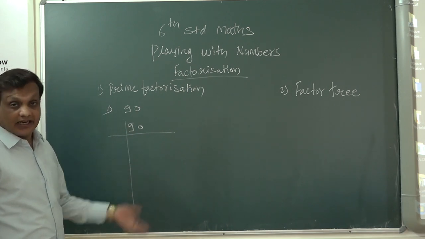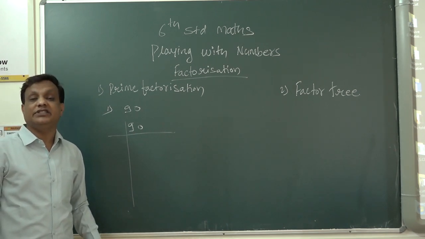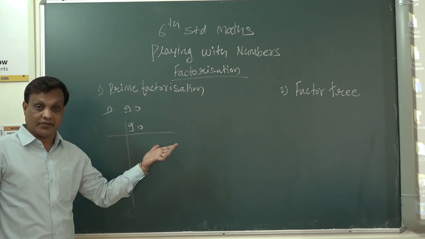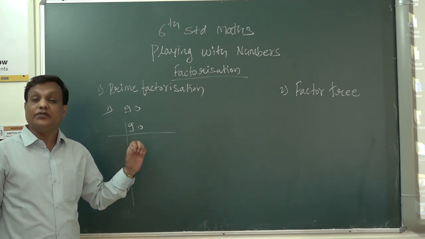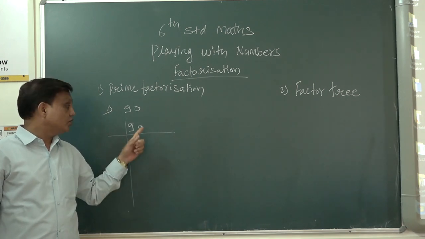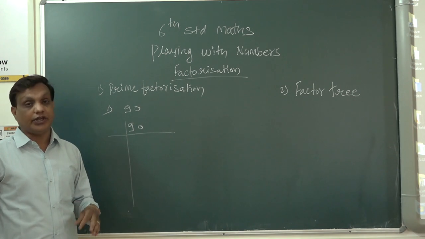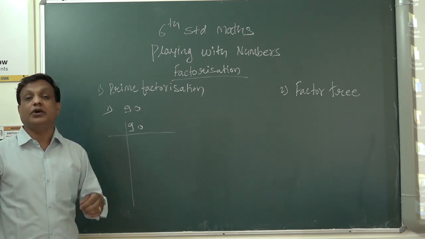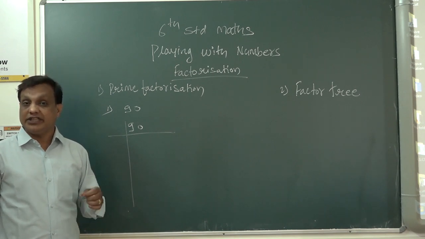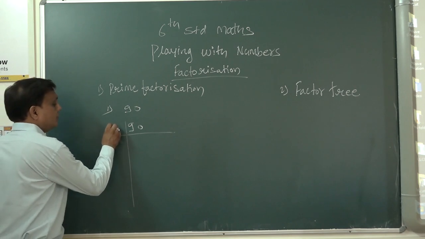As in the earlier class we saw the divisibility tests, which tell us which number is divisible by which number. So this number is divisible by 2, also 3, and also 5. First you have to take the smallest number, so it is easy for us to find. 2 is the smallest number, and 90 is divisible by 2.